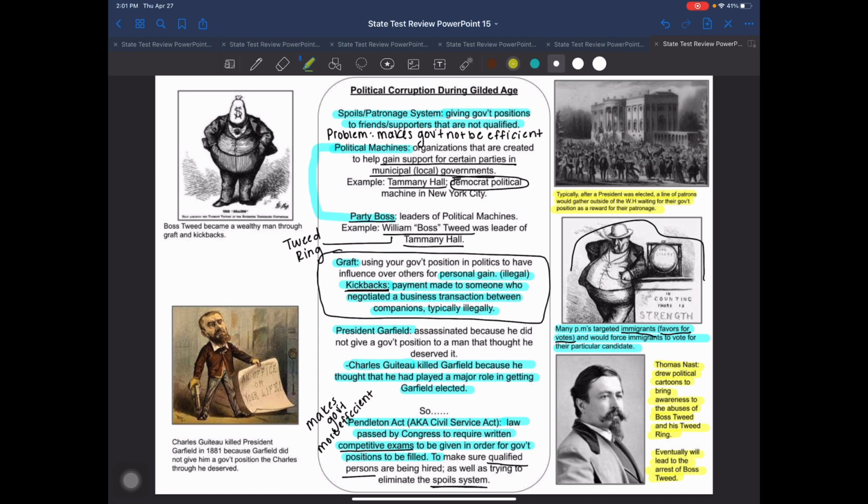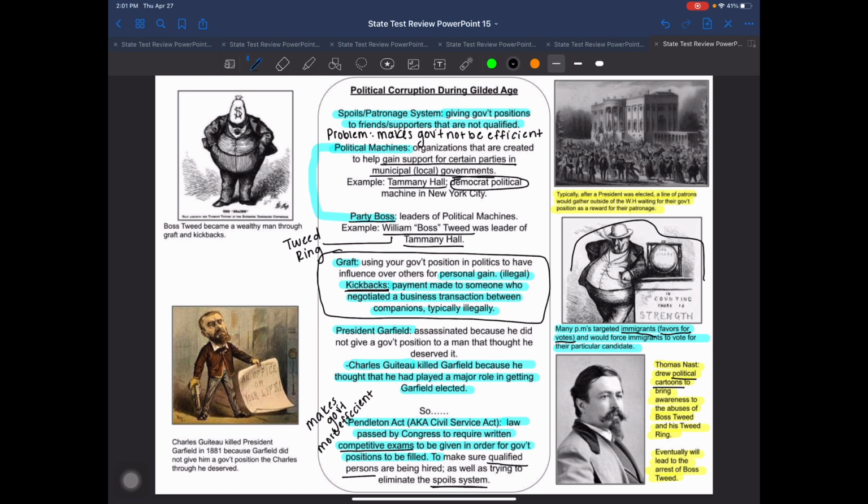Some newspapers were publishing stories about Boss Tweed and some of his crooked ways. The problem is the majority of the people couldn't read and comprehend what was in the newspapers. So Thomas Nast is going to find a different way to let the taxpayers know that Boss Tweed is ultimately stealing from them. And he does this by drawing political cartoons.